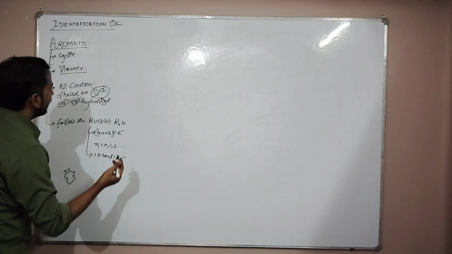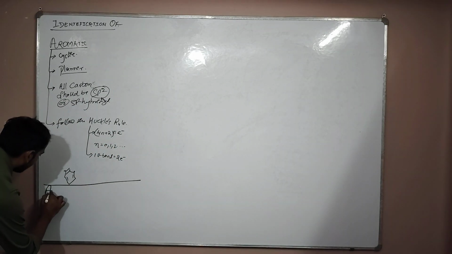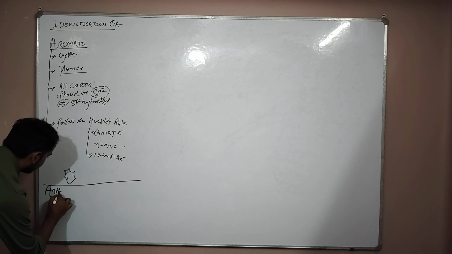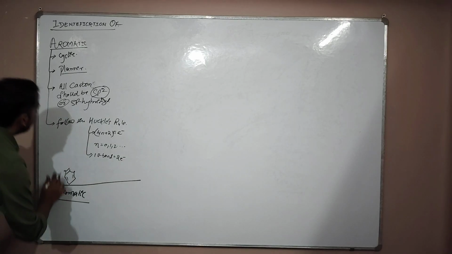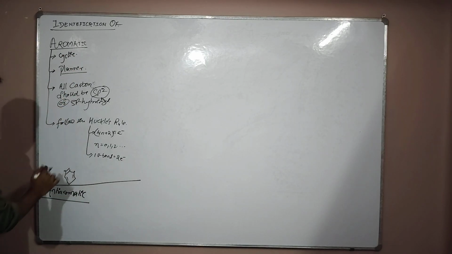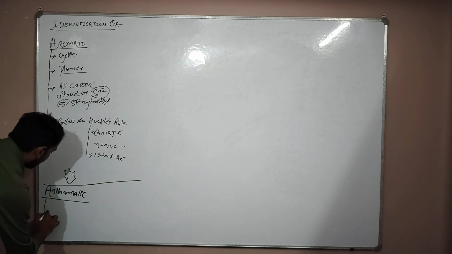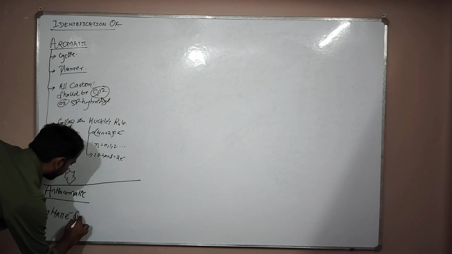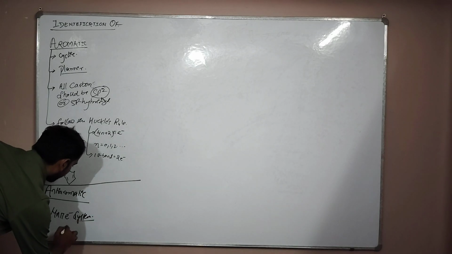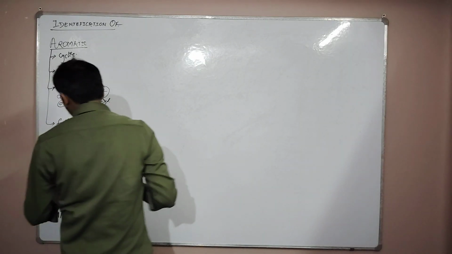For anti-aromatic, everything will be the same as aromatic, only it will have a 4n pi electron system, where n is equal to 0, 1, 2 and so on. We keep this for our understanding.